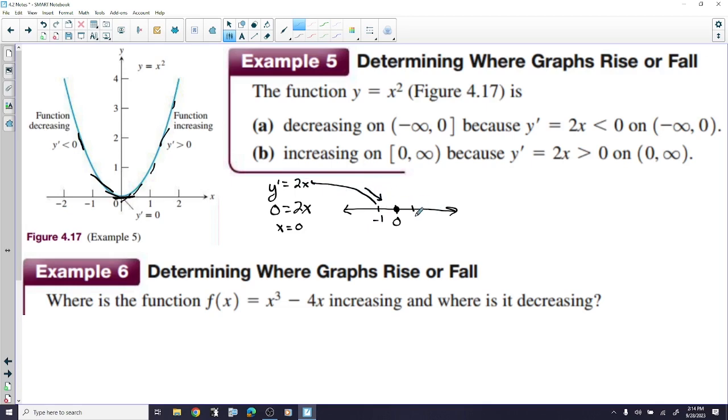And over here at 1, if we plug 1 into the derivative, 2 times 1 is 2, that's positive. This must be an increasing function. So decreasing from negative infinity to 0. Why? Because the slope is less than 0. The slope is negative. Increasing on 0 to infinity. Why? Because the derivative is greater than 0.